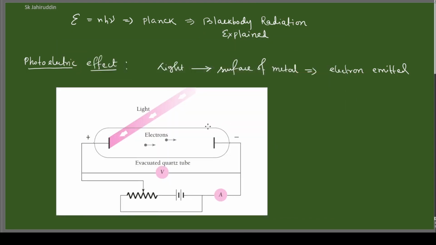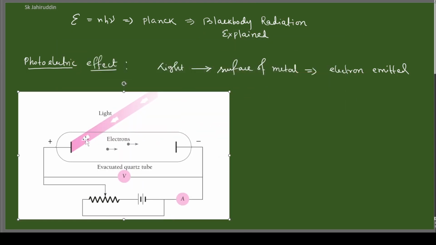Okay, light coming onto a surface of some metal, and it's emitting electrons, and the whole thing is inside a closed tube. How many electrons are emitted and what is the energy of the electrons, all this will be measured by this circuit, which is nothing but resistance and voltage.